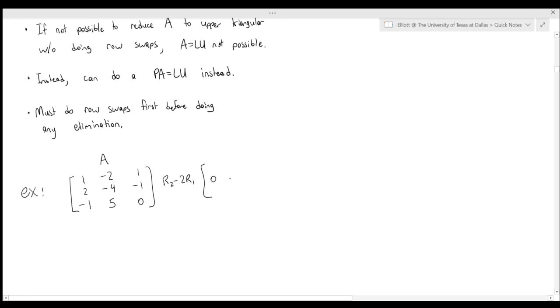But notice that if you do that, you are going to get a 0 in the next pivot position. That gives you the temporary breakdown. In particular, you're not able to use the 0 pivot to eliminate whatever is beneath it. So this leads to LU being not possible, because we have to do a row swap to fix this situation.